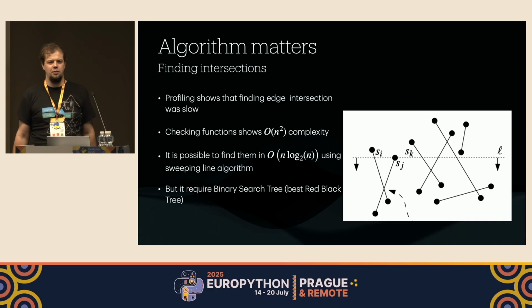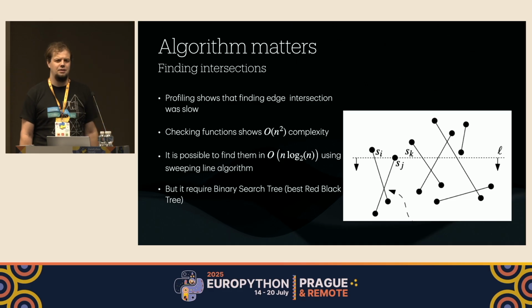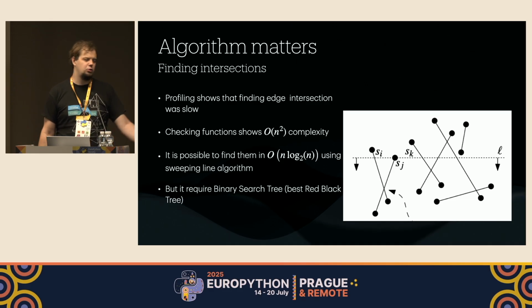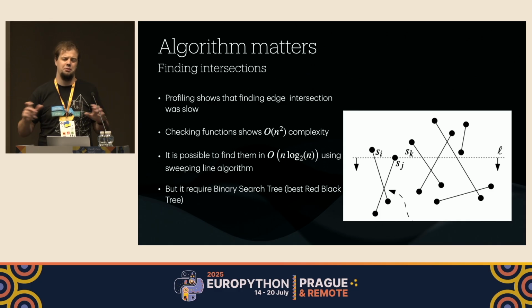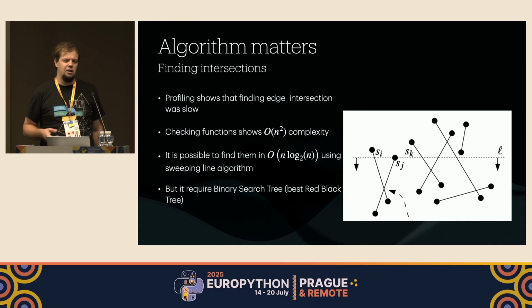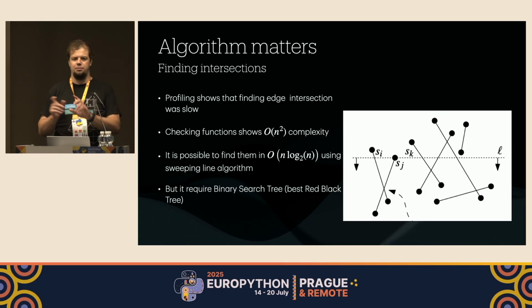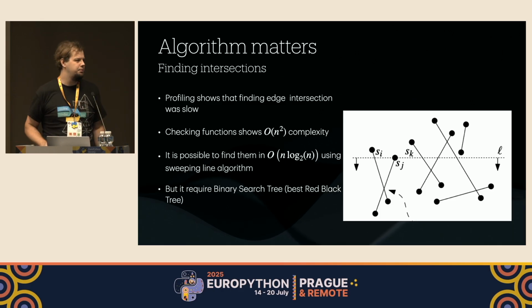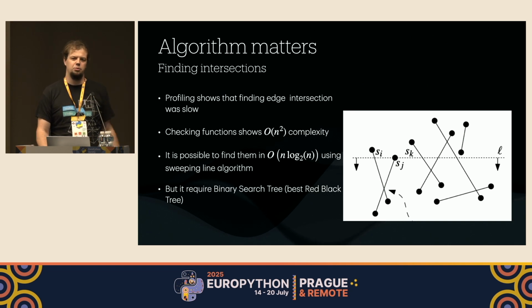It's the sweeping line, but it could not be vectorized using NumPy. So in many situations, this quadratic solution was faster because we have smaller polygons. And this sweeping line requires a binary search tree to get the left and right neighbor, and it's not easily available in Python in the performant way which we need.